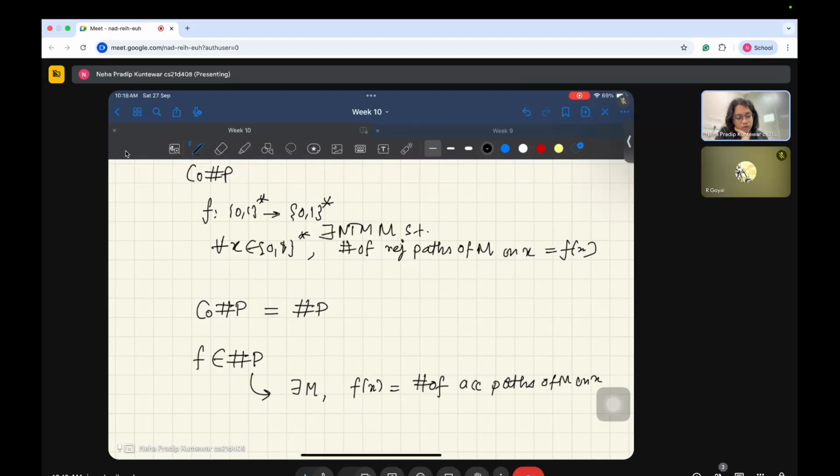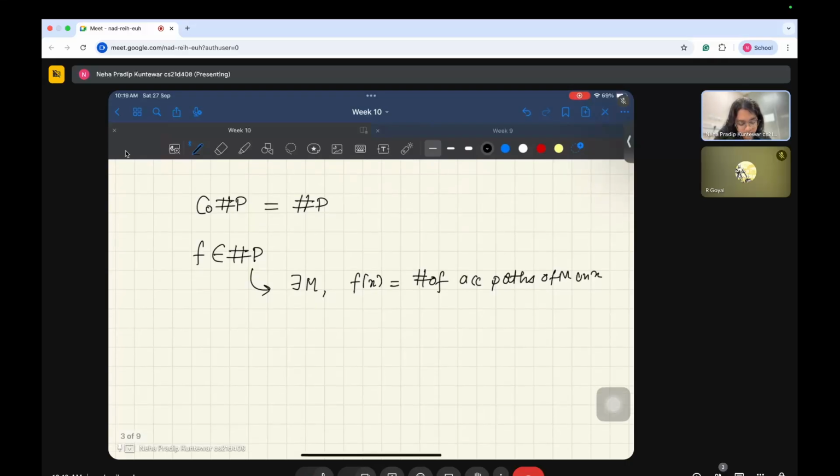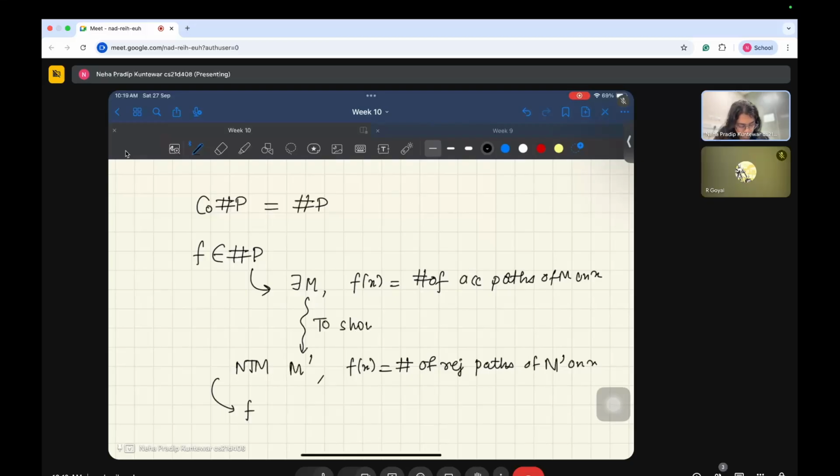Now what you have to show is that you can somehow convert this into another non-deterministic machine M prime such that f of x is exactly equal to the number of rejecting paths of M prime on x. If we could do this, that would mean f is also in co-sharp P.